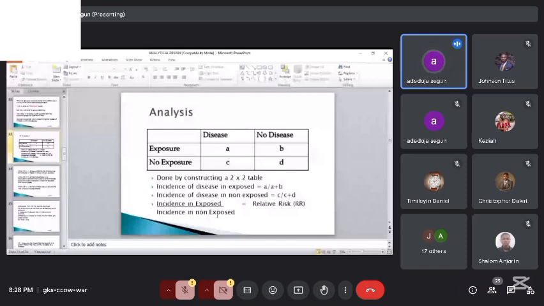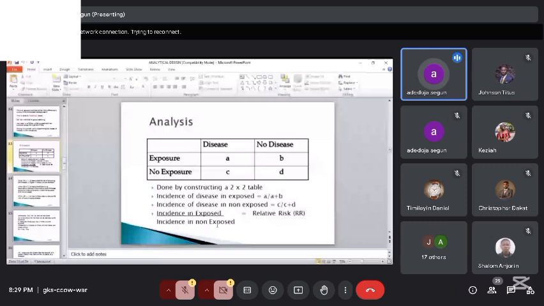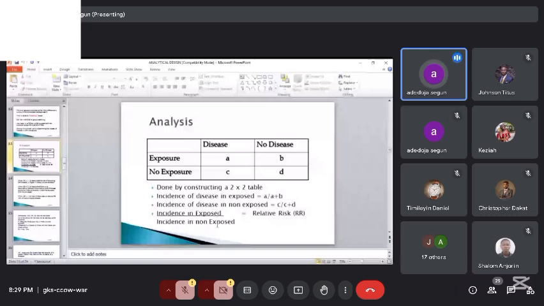we have two outcomes. We have some that will develop disease, and we have some that will not develop disease. In the exposed group, the rate of people that will come down with disease is already there.